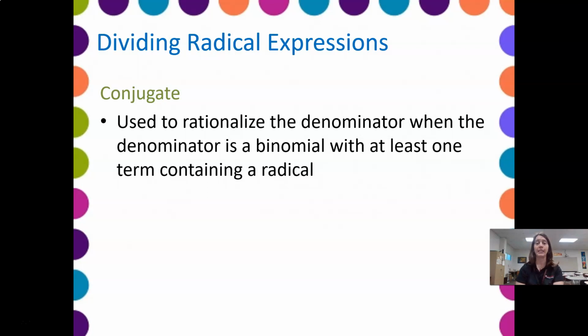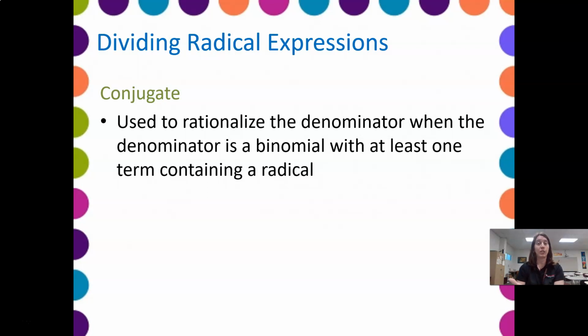So your conjugate is going to be used to rationalize the denominator. Again, to rationalize means you're trying to remove the square root. So the conjugate is going to allow you to rationalize the denominator when the denominator is a binomial, which means you have two terms down there, and at least one of those terms is some sort of radical.